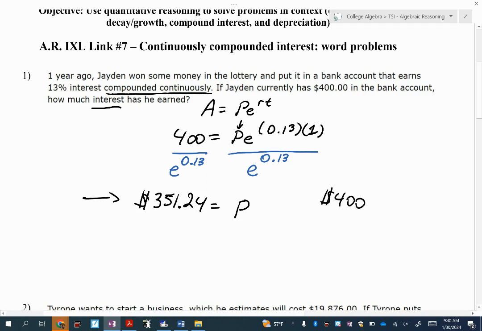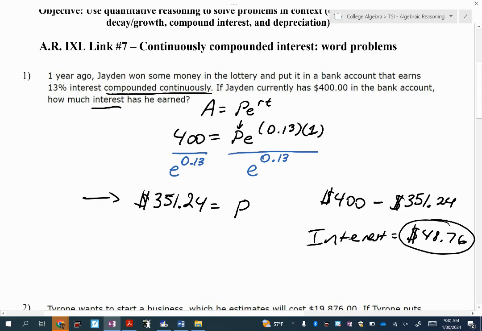So I'm going to need to subtract this 351.24 number to find out how much interest he has earned. So that is what you're typing in to IXL. Just make sure you're reading to see what it's actually asking for in terms of the answer.